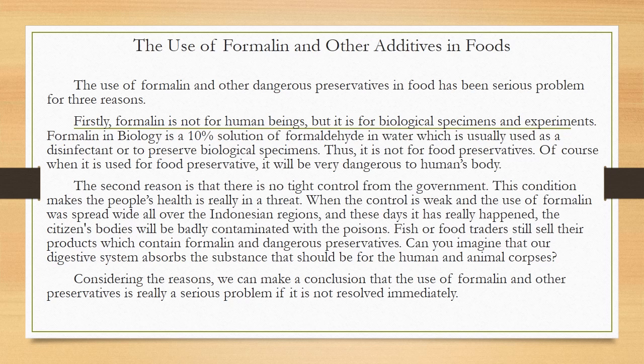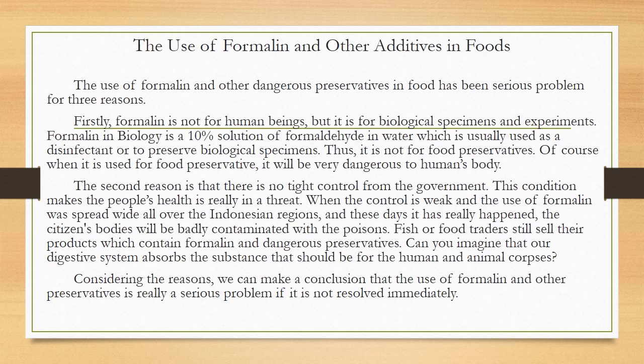So in short, in this text, we know that the writer writes his thesis, his arguments, and conclusion. It means that based on the structure, we know that this text is an analytical exposition text.